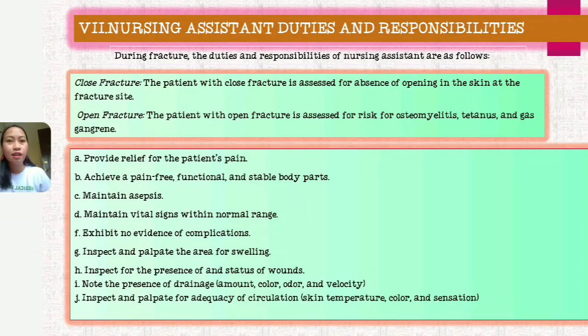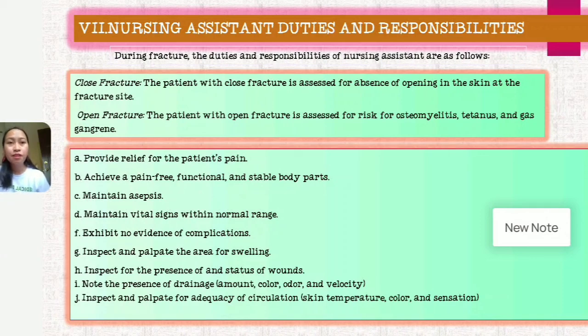As a nursing assistant, we should always tell our patient that we will monitor them through time. And the next is exhibit no evidence of complications, meaning no evidence of complications so that the patient is on the way to recovery. So meaning they're not going back to how they were from the time they got the fracture, healing slowly but surely.